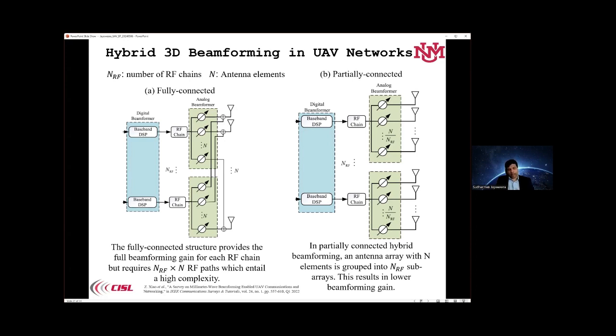The compromise again is to use the sub arrays. That is, the full antenna array, you're going to divide into N RF number of sub arrays, and then each RF chain output you're going to feed into this N divided by N RF element array to do the analog beamforming.